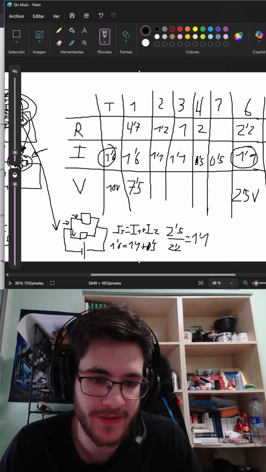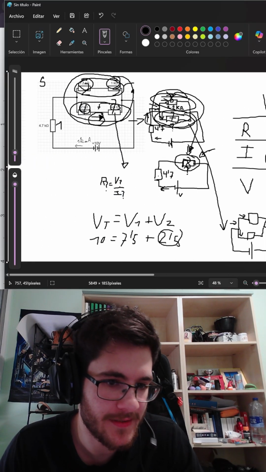We have just to calculate the voltage. How can we calculate the voltage?